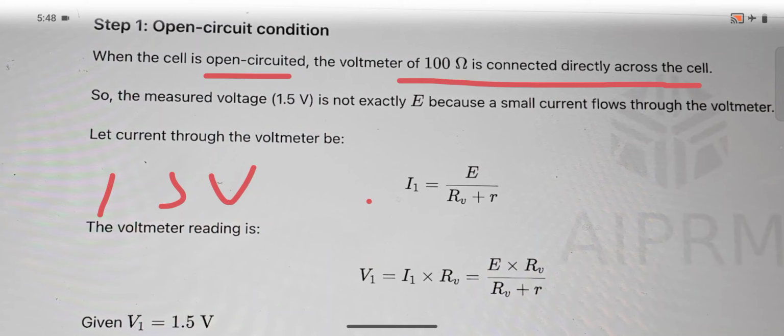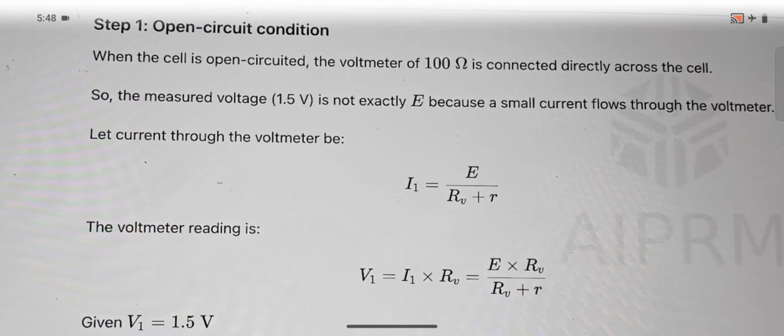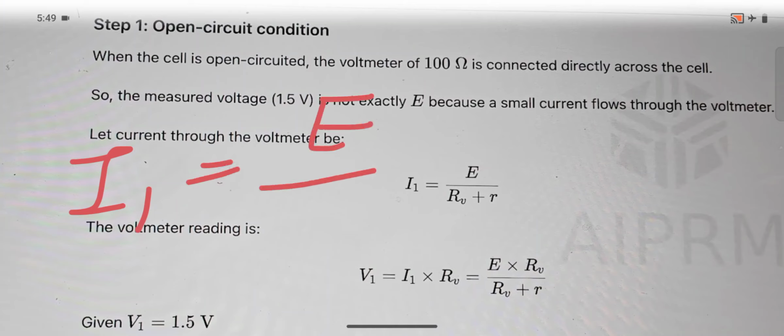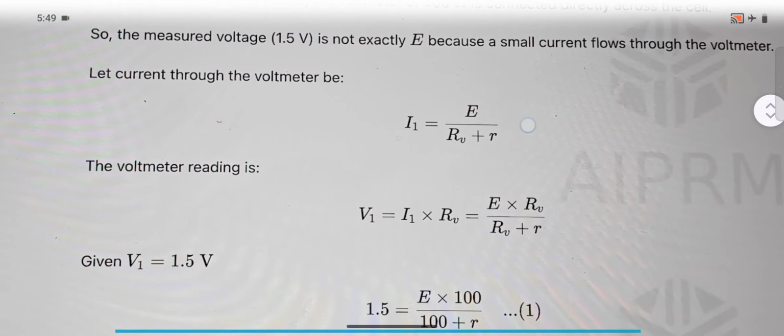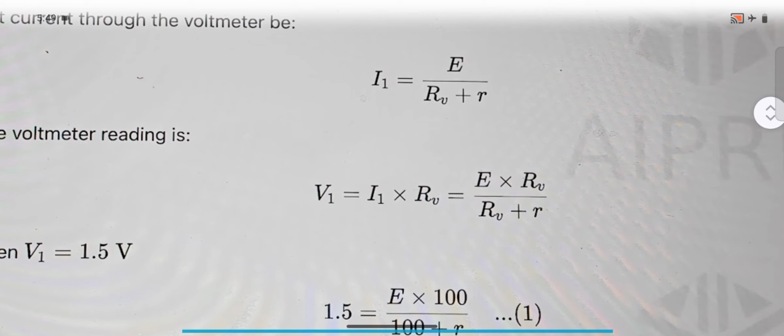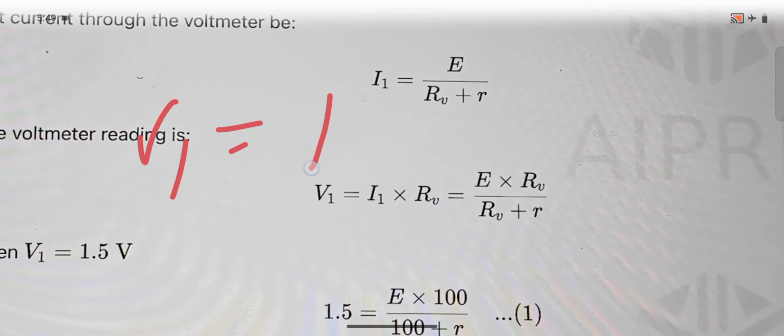For the current passing through the voltmeter, we will use the simple formula I is equal to V by R. Here the potential difference is E and the total resistance is RV plus the small internal resistance r. Now we can write the voltmeter reading. The voltmeter is reading across the resistance, so V1 is equal to I1 RV.